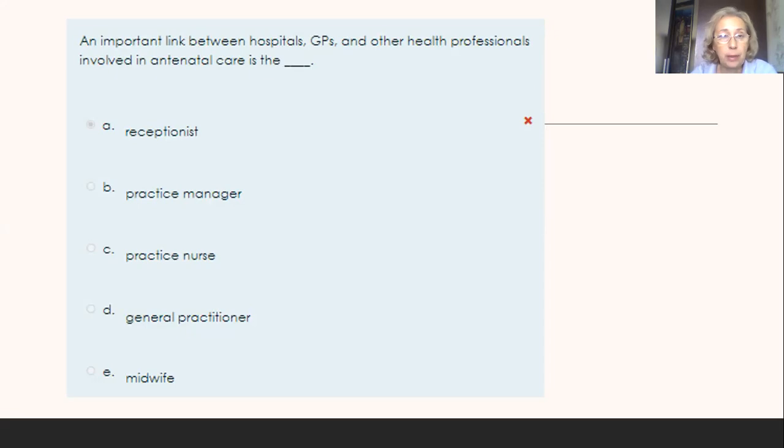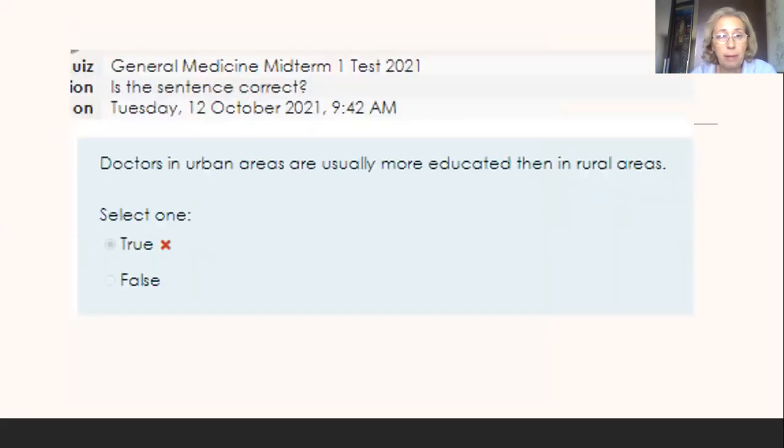Okay, let us look at the next slide. This is the question that shows us that we should be more attentive. The question asks, is the sentence correct?